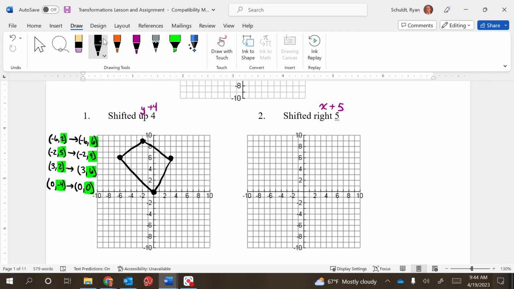So I'm going to keep the same original points: -6, 2; -2, 5; 3, 2; and 0, -4. But this time I have to add 5 to all of these x's.